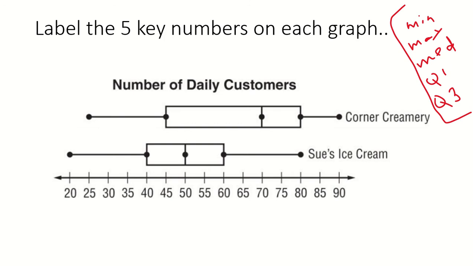Corner Creamery, the daily number of customers. This would be the minimum. And the maximum number of customers, that would be right there, maximum. The median would be right there.